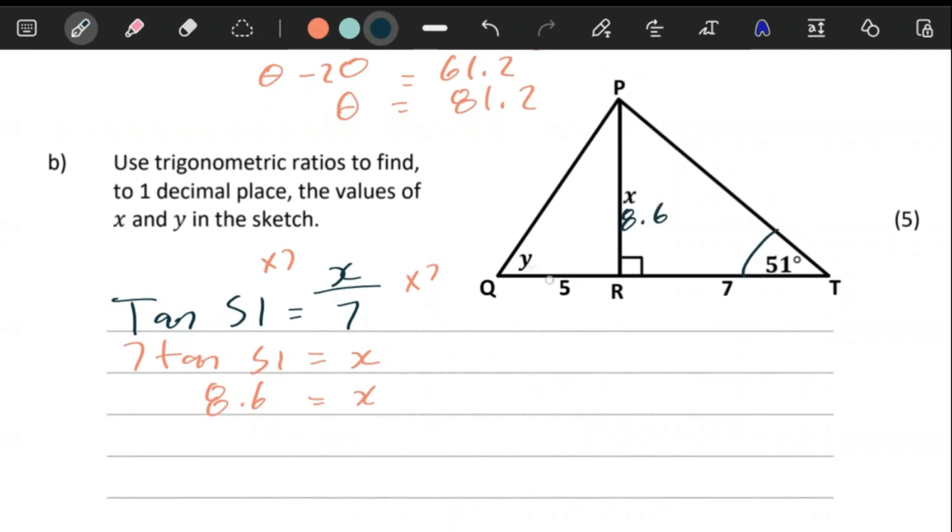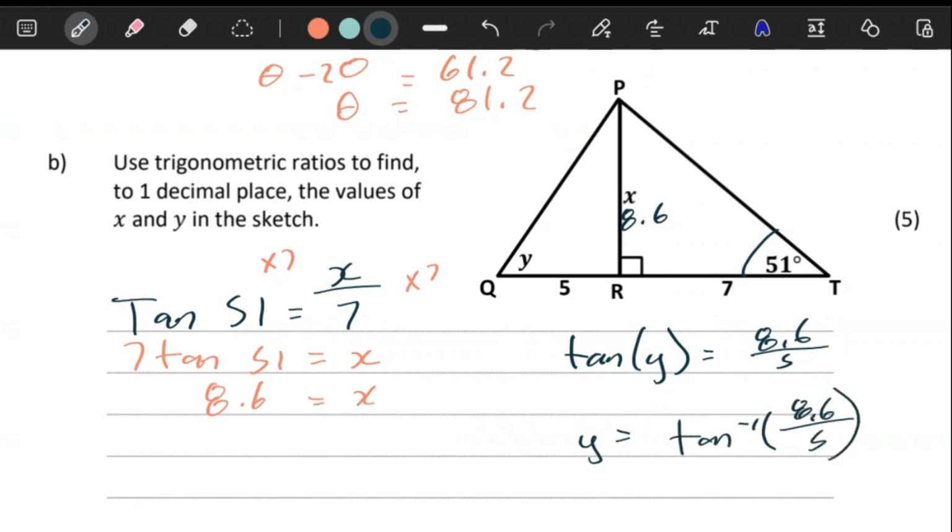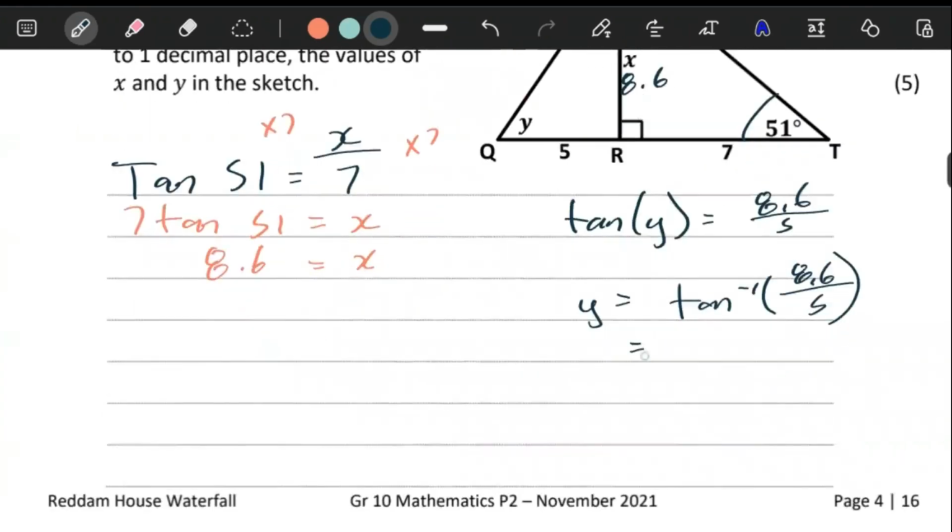To get y, it's an angle. You see you have the opposite and adjacent also. So you can say tan y is equal to opposite over adjacent. And then to get y on its own, you can say shift tan, 8.6 over 5. There we go.